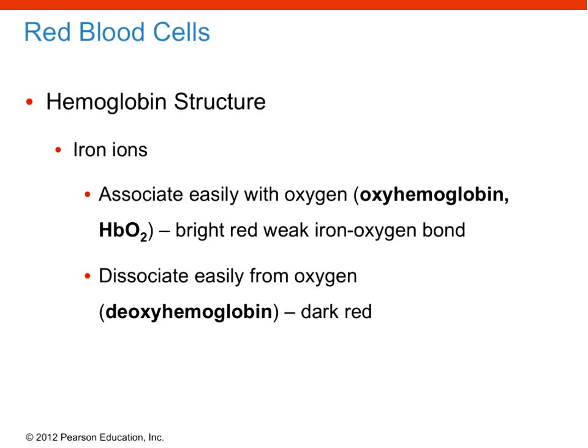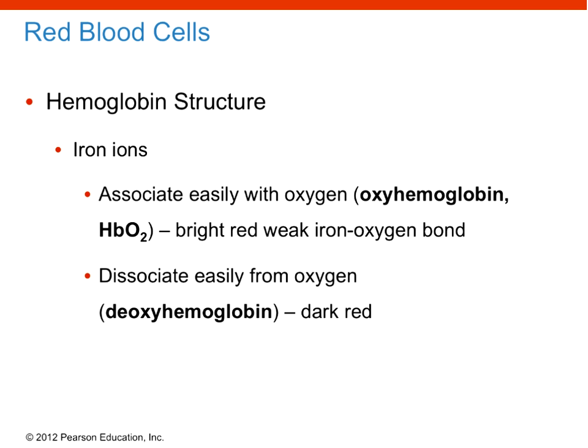And when oxygen is attached to that iron ion in the hemoglobin, it's going to give it a very bright red color. However, these iron ions can dissociate easily from oxygen, which is a good thing because we want this oxygen to be able to be dropped off in the cells.